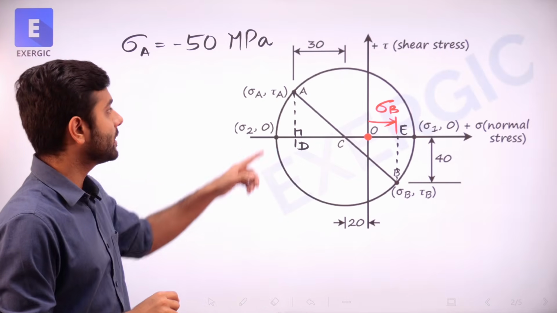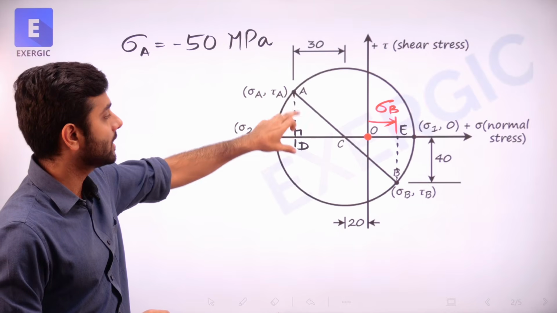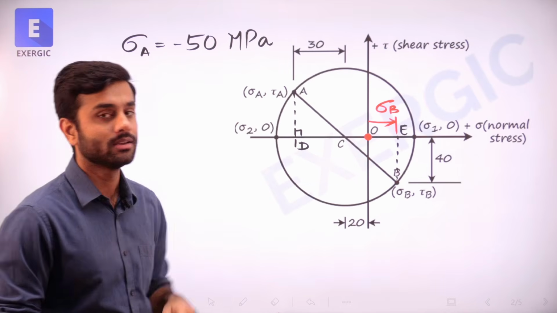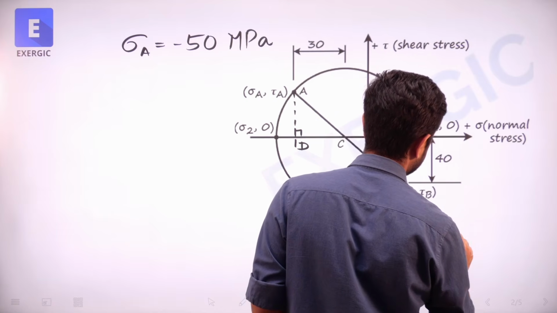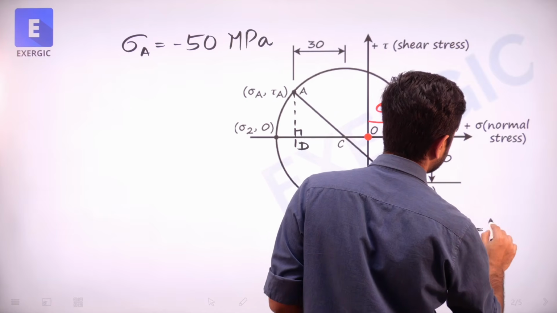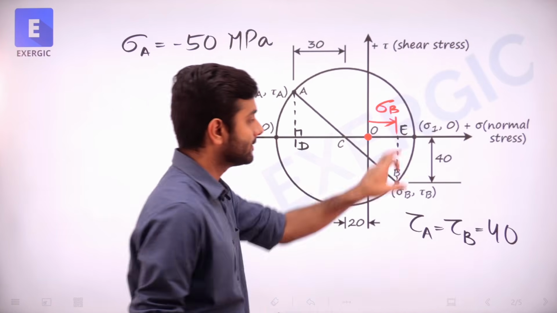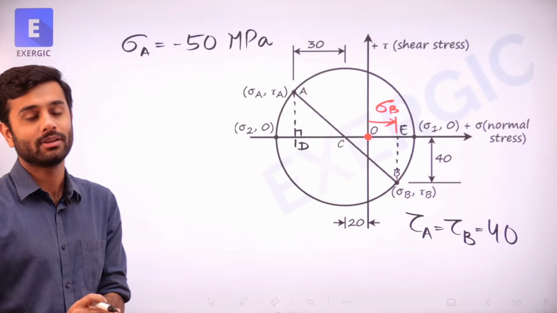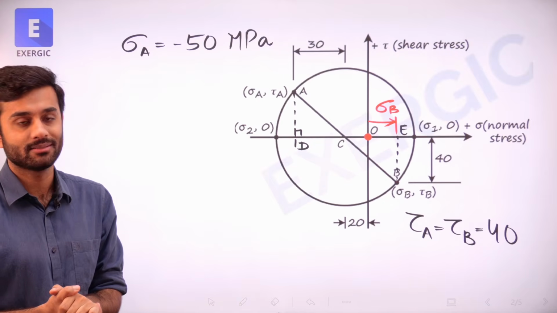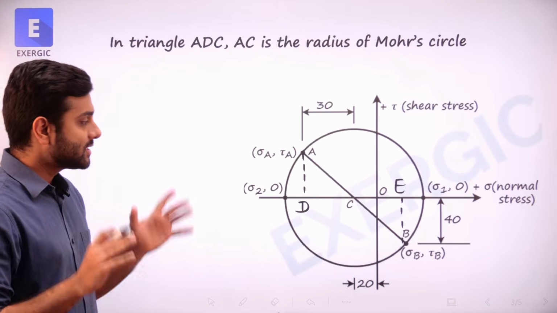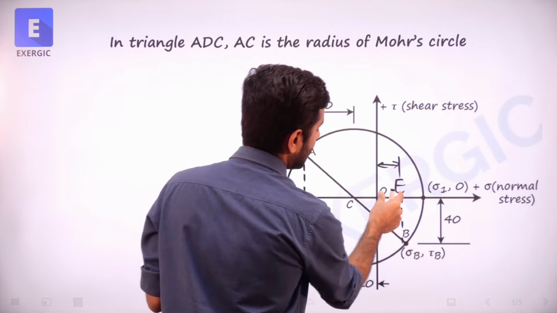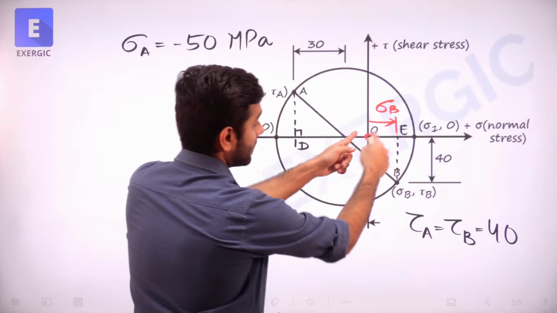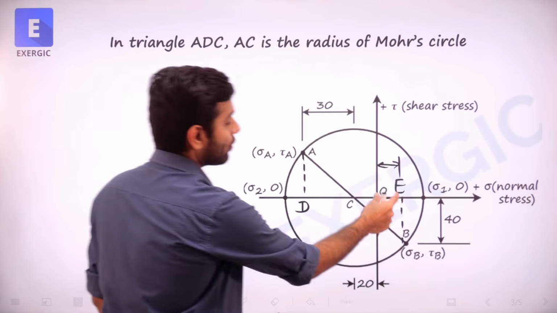Although it has mentioned tau A for this length and tau B for this length, basically we can conclude that yes, tau A is actually equal to tau B, which is equal to 40 in magnitude. Now, since we have to find this length, sigma B, again reminding you, sigma B is OE.